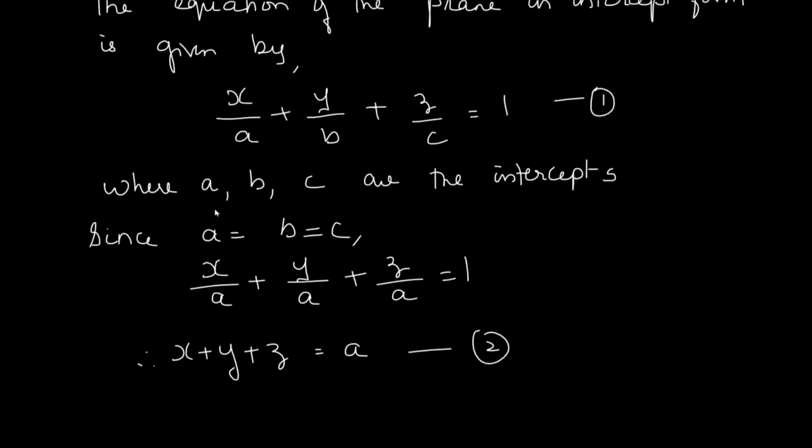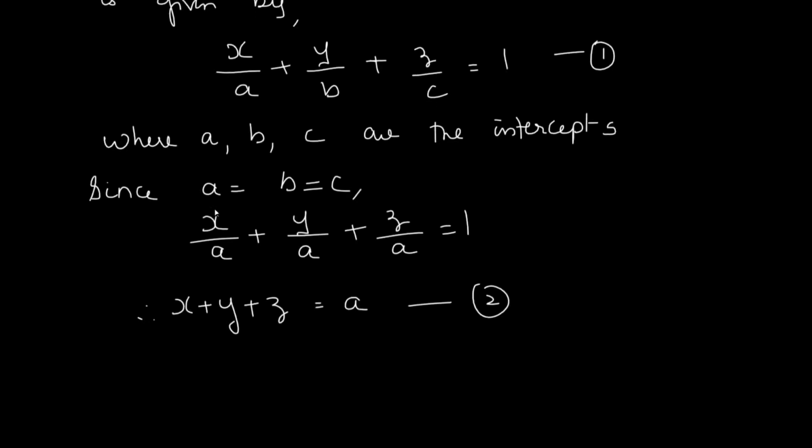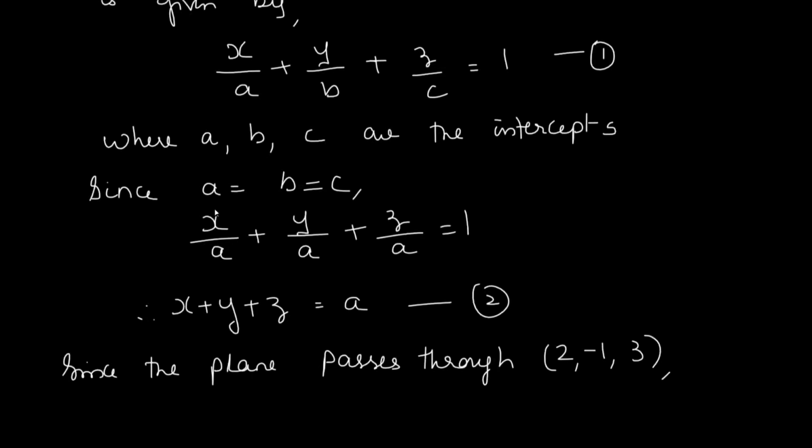Now the plane passes through the point (2, -1, 3). We can put x as 2, y as -1 and z as 3.